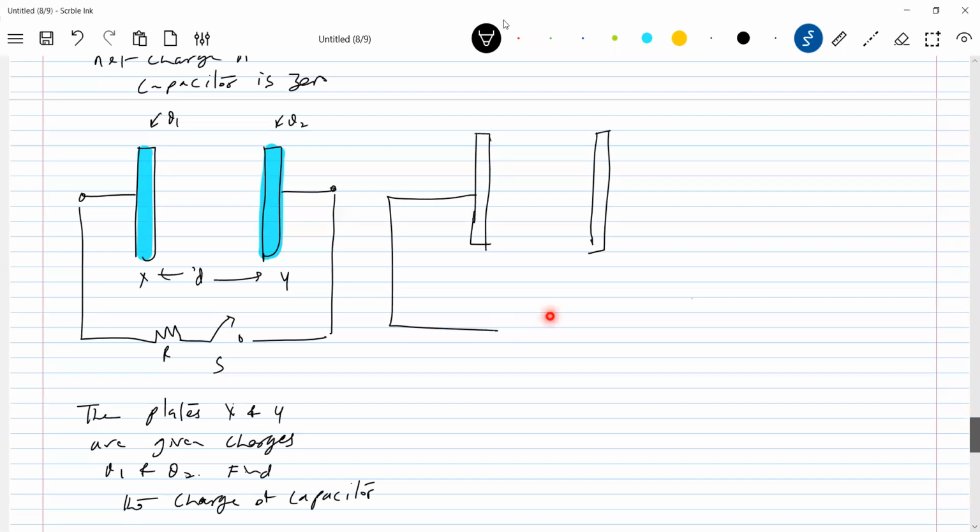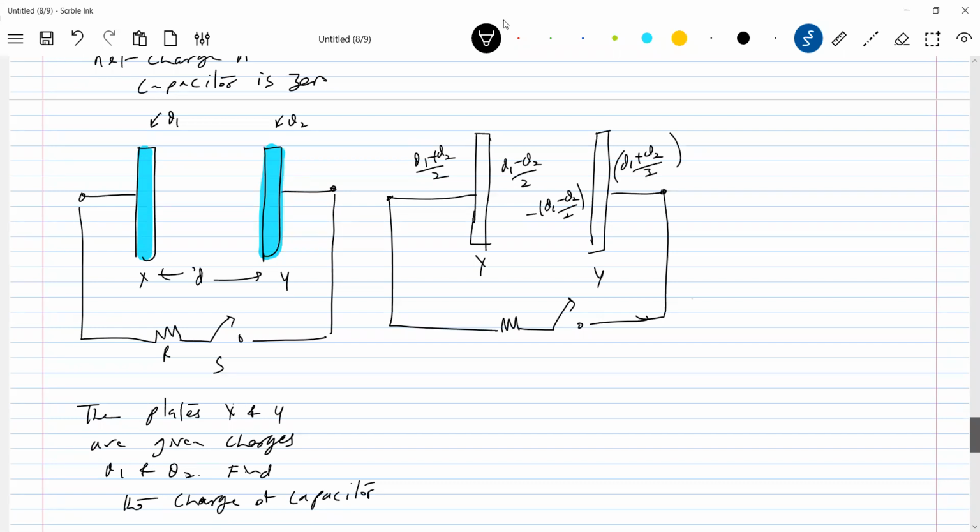Then I'll close the switch in the end after getting the values. These are the terminals, this is X and Y. This charge should be Q1 plus Q2 by 2. This is Q1 minus Q2 by 2. And this will be the charge here.